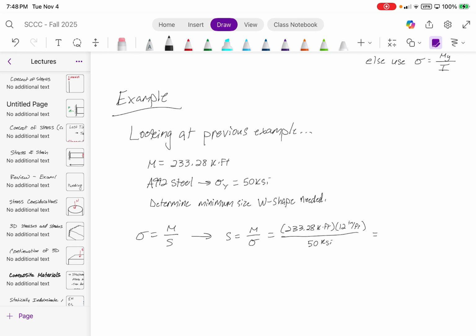And what we get is that we need a section modulus of around 55.99 inches cubed. So let's say around 56 cubic inches.